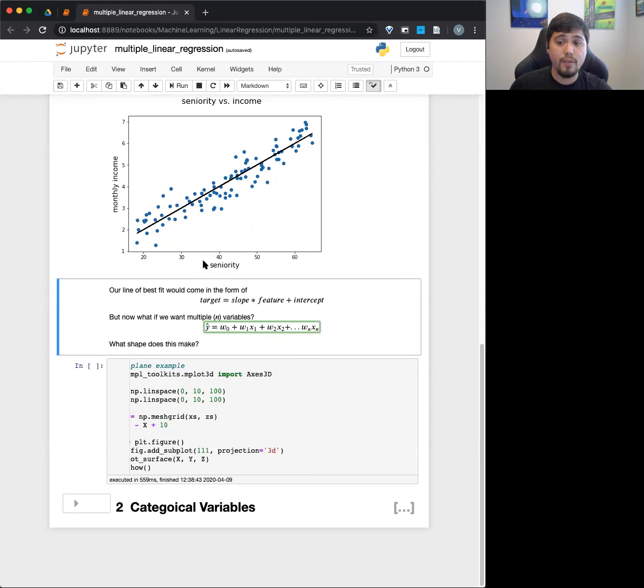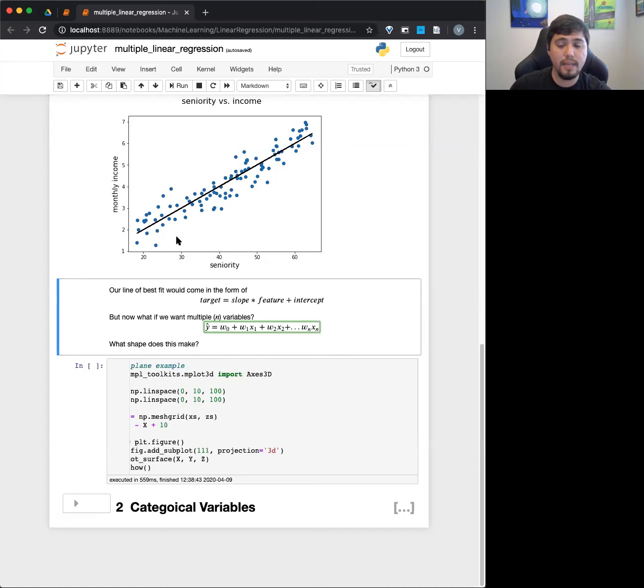Let's say this model has a coefficient W1 and X1 is seniority, so for every additional year of seniority, you go up in monthly income by, let's say, $20 or something like that.